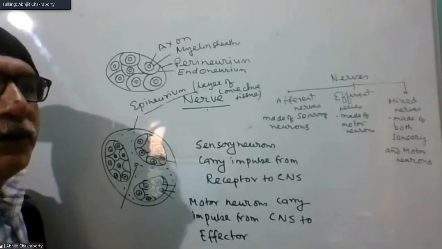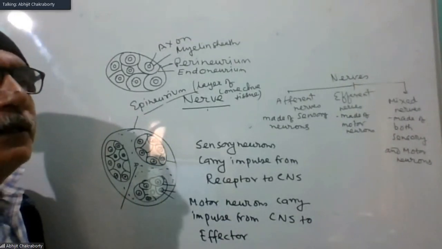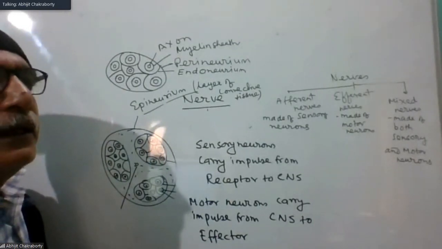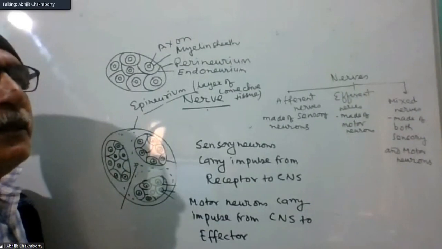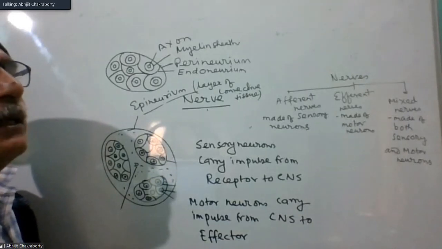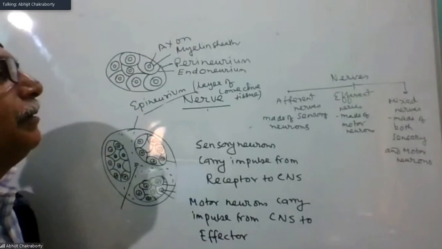Through the motor neurons. And the impulse from the receptor, like different types of receptors, we have Pacinian corpuscles, Meissner corpuscles. Pacinian corpuscle is a pressure receptor, Meissner corpuscle is a touch receptor. They receive the stimulus and carry it to the central nervous system. So this is the basic thing about the nerves.